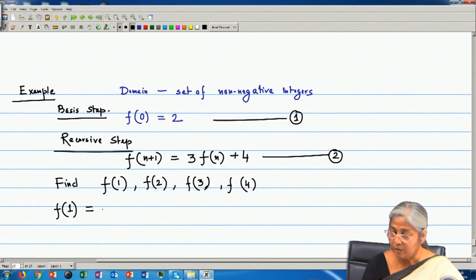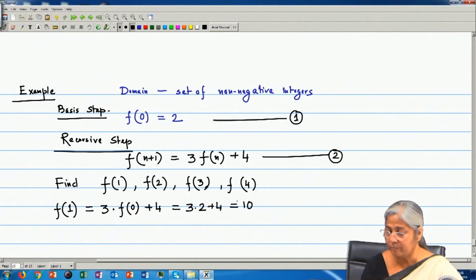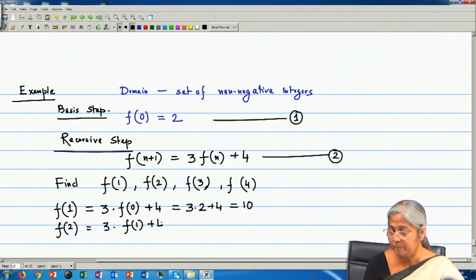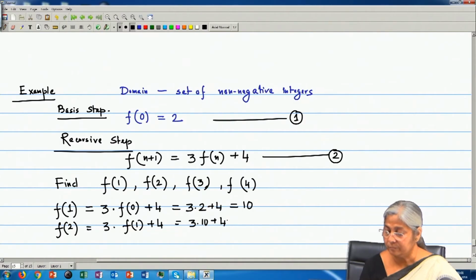So, f 1 is 3 f 0 plus 4, which is 3 into 2 plus 4 equal to 10. Similarly, what is f 2? f 2 is 3 f 1 plus 4, which is 3 into 10 plus 4.